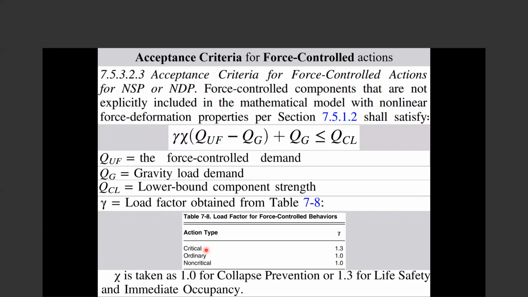For example, there is a column in the first story. If the building is 3-4 stories, and this column fails, a few stories collapse. If no story or bay collapses, just an element collapse, it is not critical.